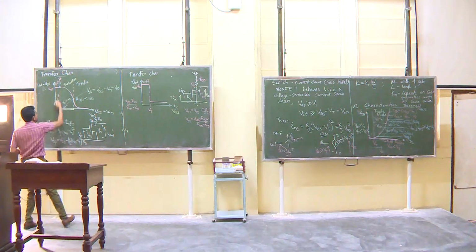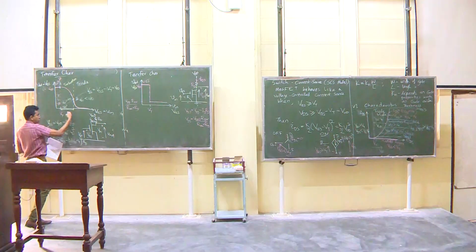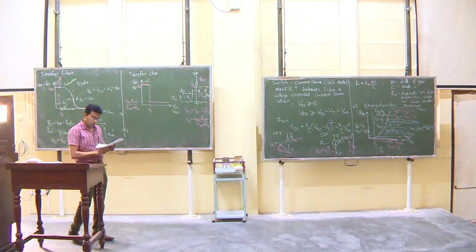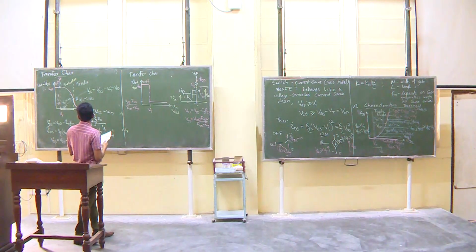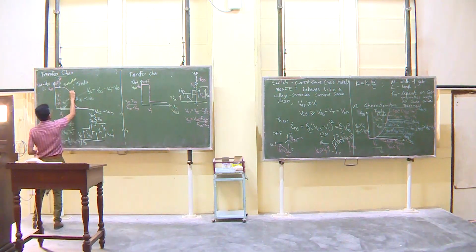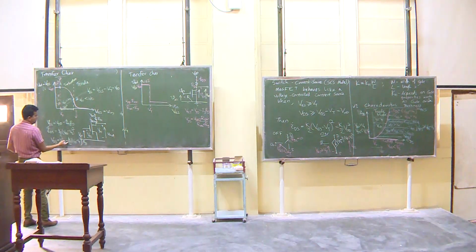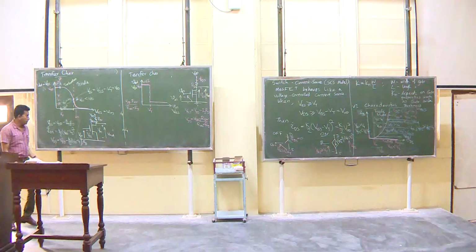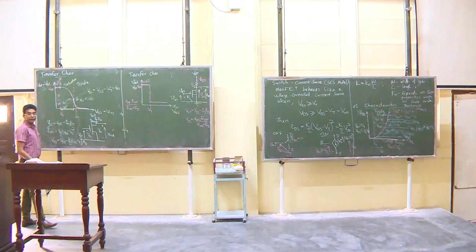So, that definitely is, this part is cutoff, this part is saturation, this part is triode. This curve that you have here is basically that. That is the equation of this curve, right. So, this is the equation, that equation is equal to that.